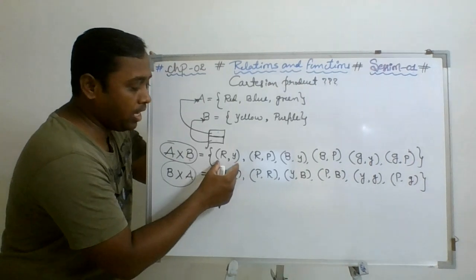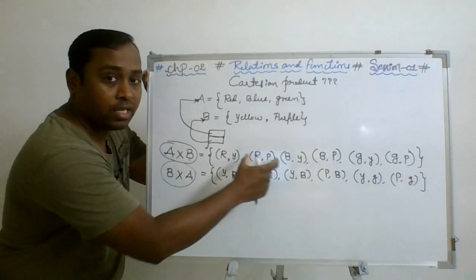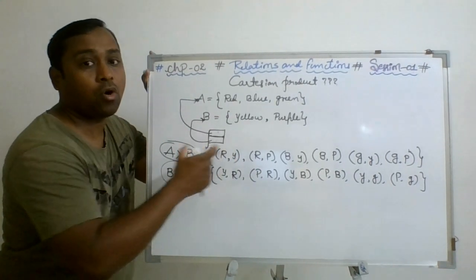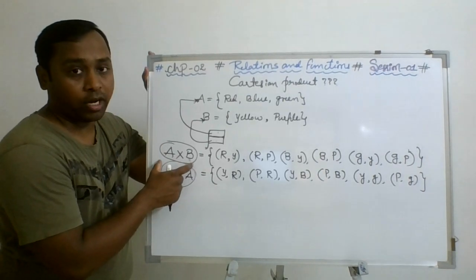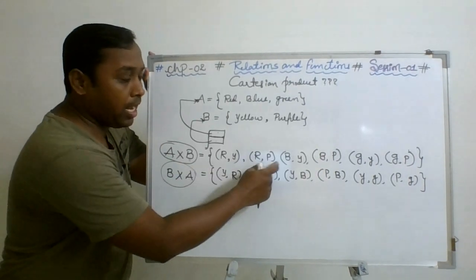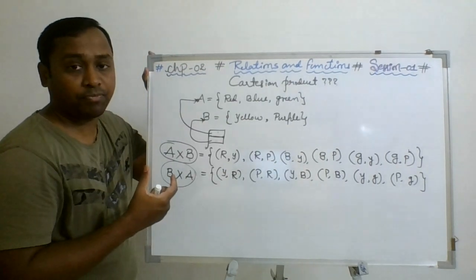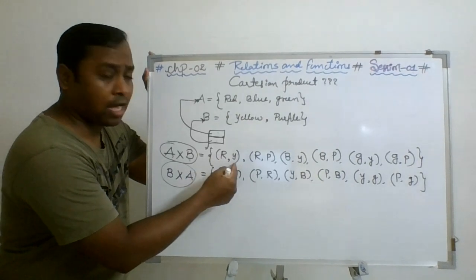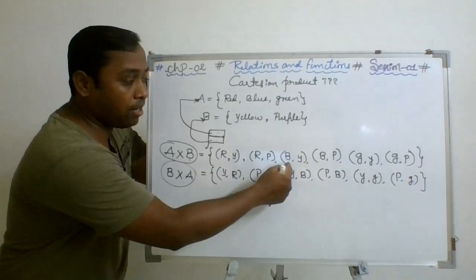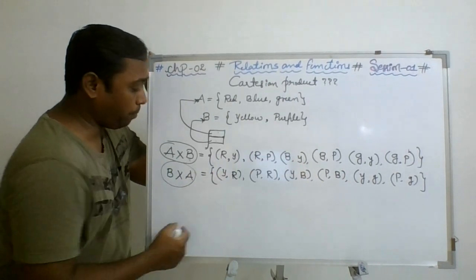Remember, in a Cartesian product every element is an ordered pair, because we write it in x comma y form.